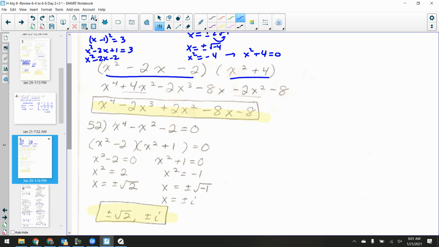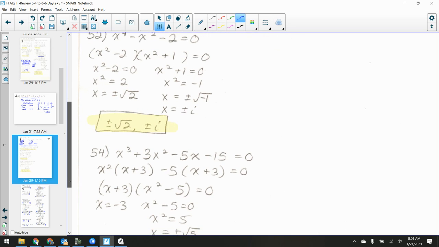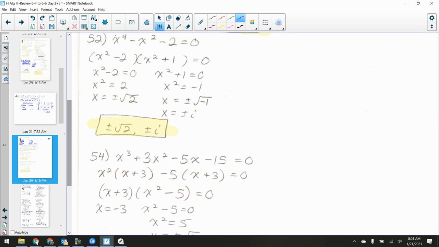And then neither of those are difference of squares. You can't factor either of those down anymore, so you gotta just solve those. x is equal to plus or minus radical 2, x is equal to plus or minus i. Okay, let me scroll down a little bit more. You can almost see 54, almost. Anybody still need 52? Yeah, okay, I'll leave that there for a second.